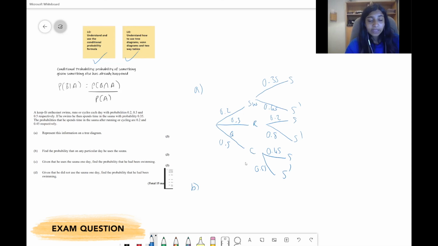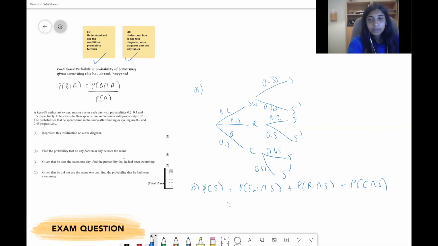So now the next part is we want to find the probability that on any particular day he uses the sauna. So then the probability he uses the sauna would just be the probability that he swims and uses the sauna, or the probability that he runs and uses the sauna, or the probability that he cycles and uses the sauna.